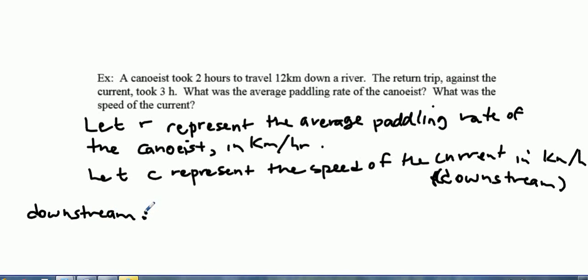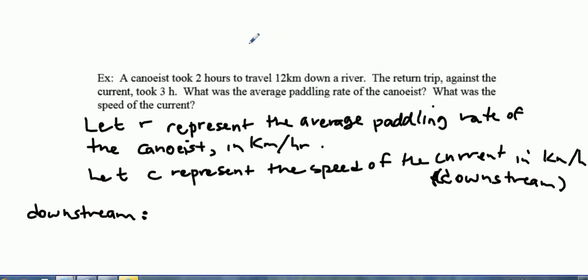So we want to come up with an equation that represents what's happening as this canoeist paddles downstream. Well, what do we know? We know that there are two things or forces at play, if you will, if he's going downstream.